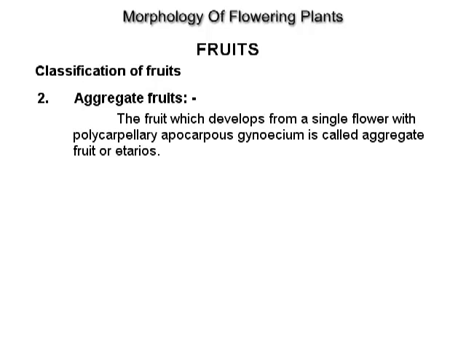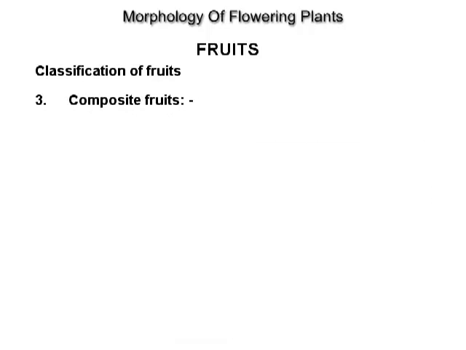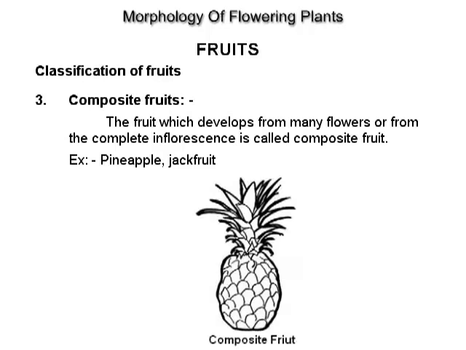The fruit which develops from a single flower with polycarpellary apocarpous gynoecium is called aggregate fruit or etaerio. Example, custard apple. Composite fruits. The fruit which develops from many flowers or from the complete inflorescence is called a composite fruit. Example, pineapple and jackfruit.